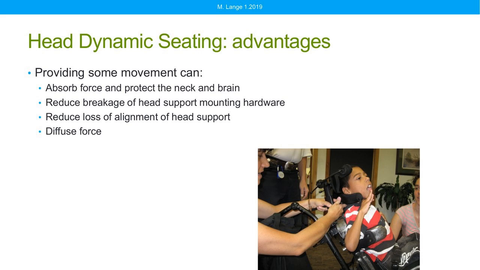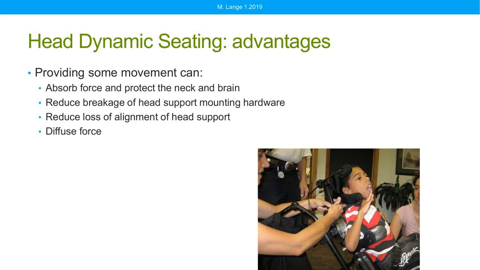Again, there are clients out there that it doesn't matter how big they are. Taylor here is not a big guy. He doesn't weigh a lot, but he can break his head support clean off his wheelchair. Dynamic components at the neck can help absorb those forces so that we're protecting the cervical area, protecting the brain from those impacts and that sustained force.